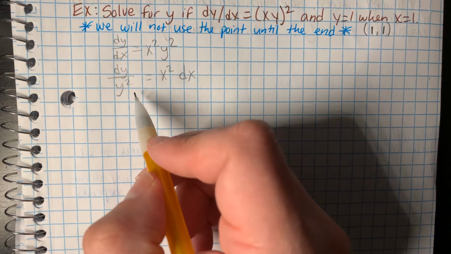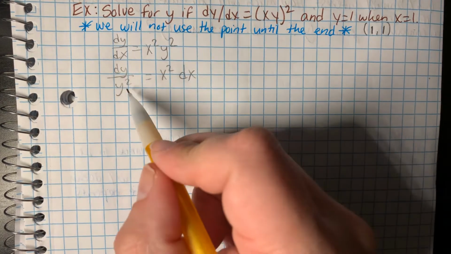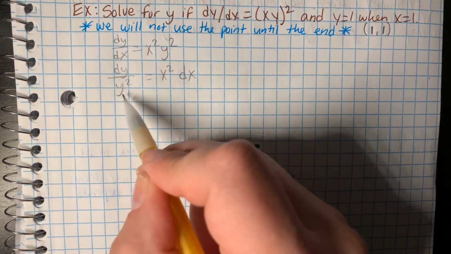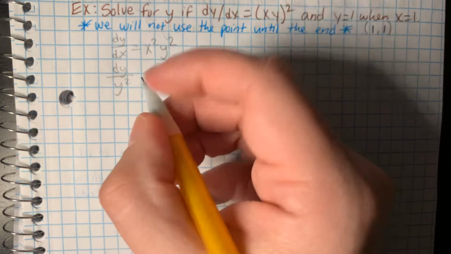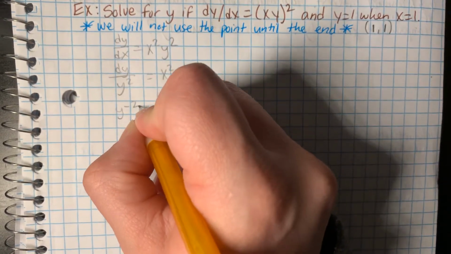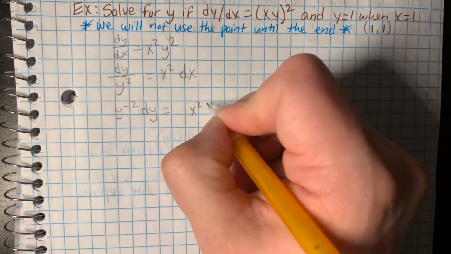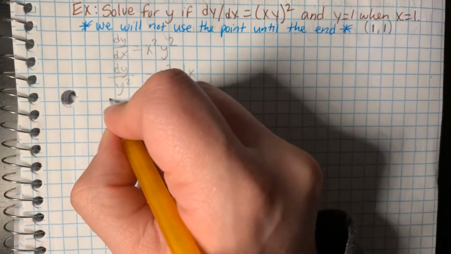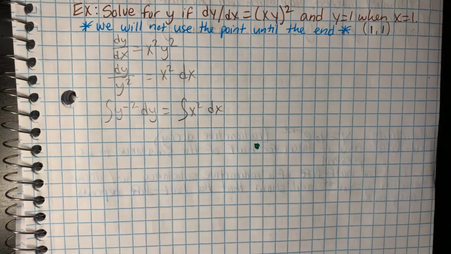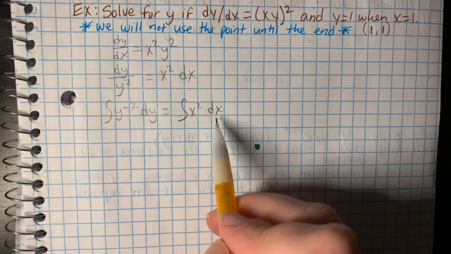Now we're going to take the integral of both sides. In order to do that, I'm going to write this as a negative exponent just to make it easier. So y to the negative 2 dy equals x squared dx. And now I'm going to take the integral of both sides so we can get rid of this dy and this dx.